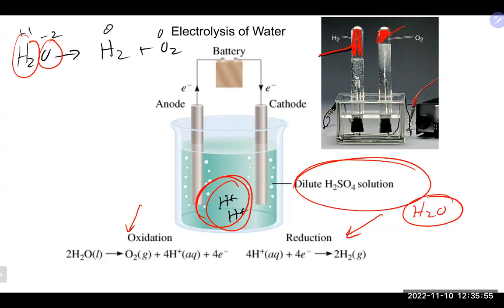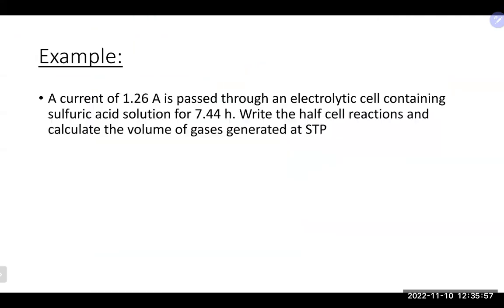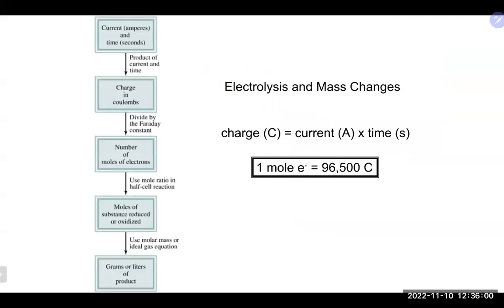So we're going to talk about calculations in electrolysis problems, and they have a fairly straightforward setup. Typically you're given the current, an amperage, and an amp is equal to a coulomb divided by a second. A coulomb is a unit of electrical charge, and a second obviously is time. They will also give you how long you run the cell for.